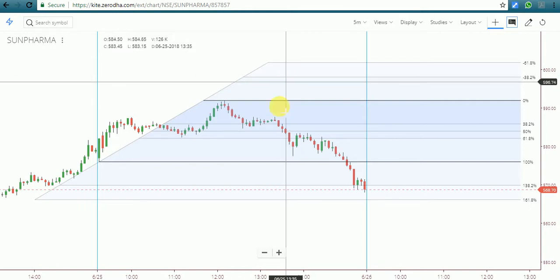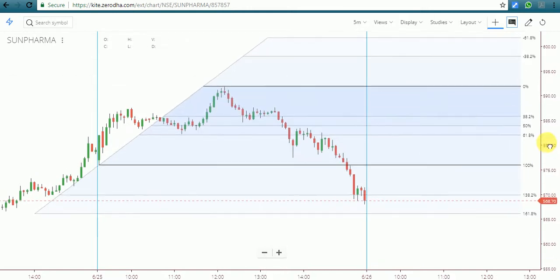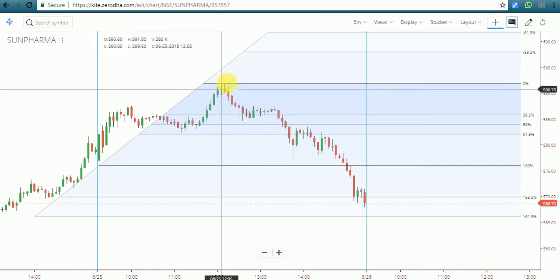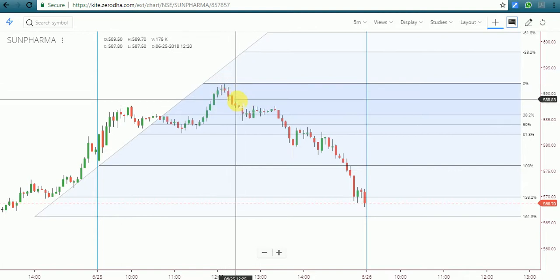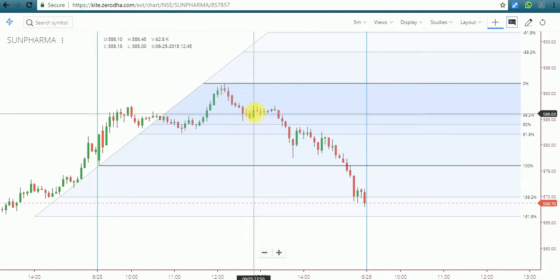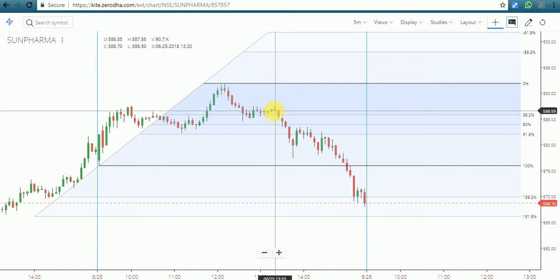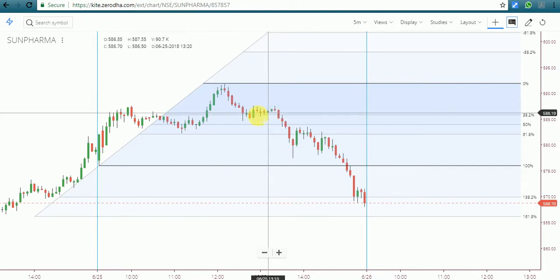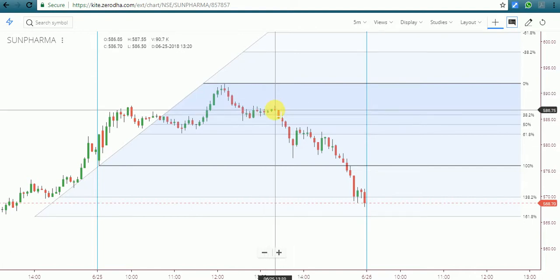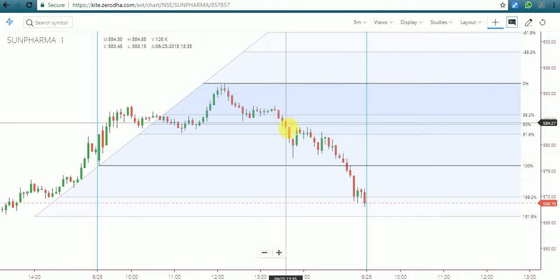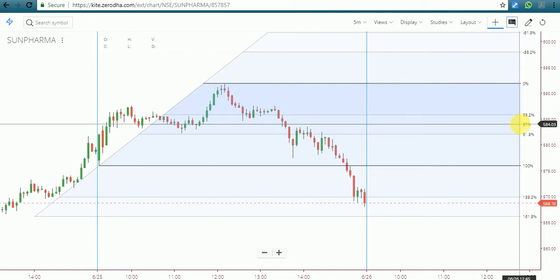But here, what happened is it fell here and then again went sideways. Then after that it didn't go up, it rejected this, and then again it fell. Then it came to the normal trend, the 50% level, which is called normal.